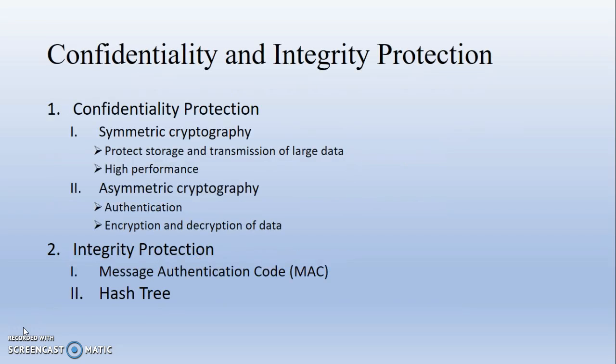So this is about confidentiality and integrity protection. Confidentiality protection is used to protect data. It can be classified into two classifications, which are symmetric cryptography and asymmetric cryptography. Symmetric cryptography is used to protect storage and transmission of large data, such as block cipher, and therefore it has very high performance.